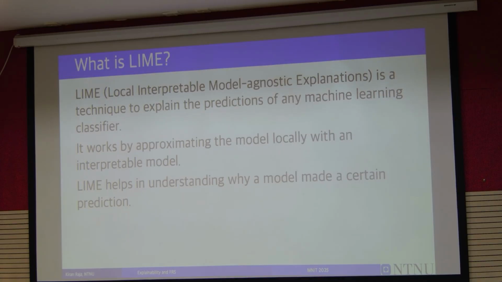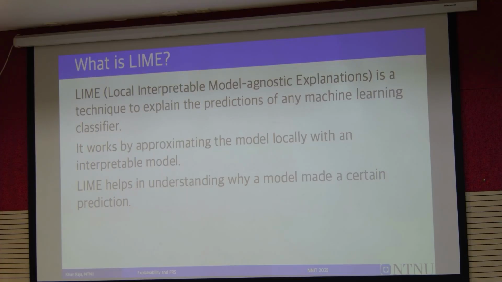Now, how do I make it explainable? So there is this approach called Local Interpretable Model-agnostic Explanations. It's a technique that explains the prediction of any machine learning algorithm. So it's not necessarily related to your deep networks, but it can also be related to your simple classifiers.